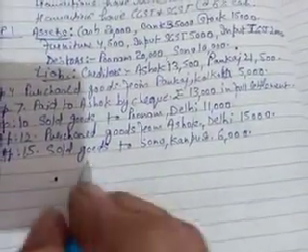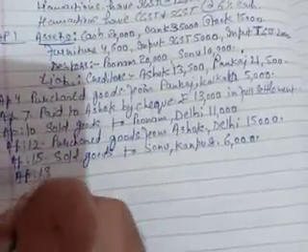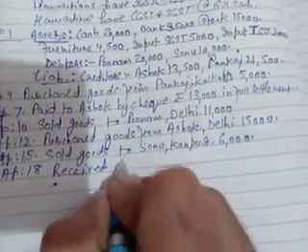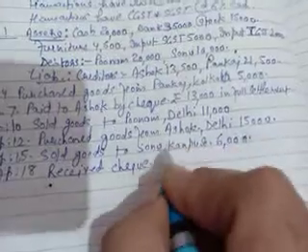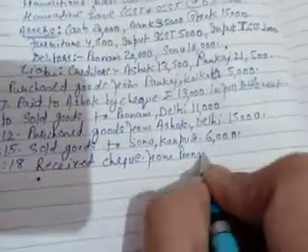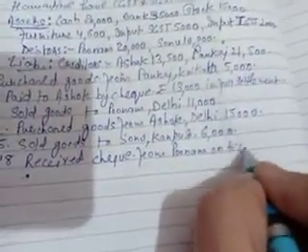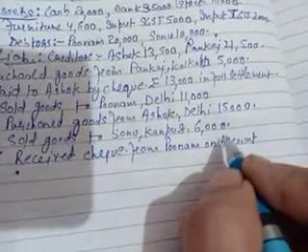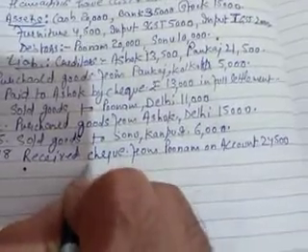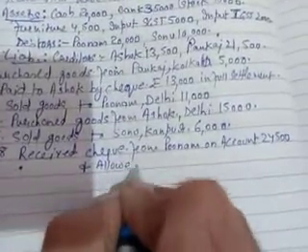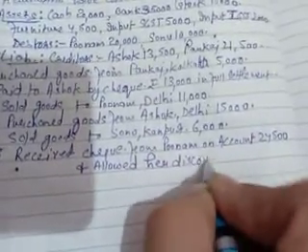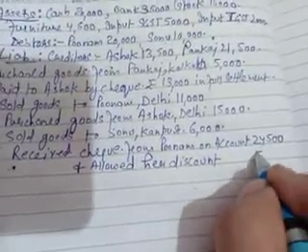Then April 18, received cheque from Poonam on account, 24,500, and allowed her discount rupees 500.